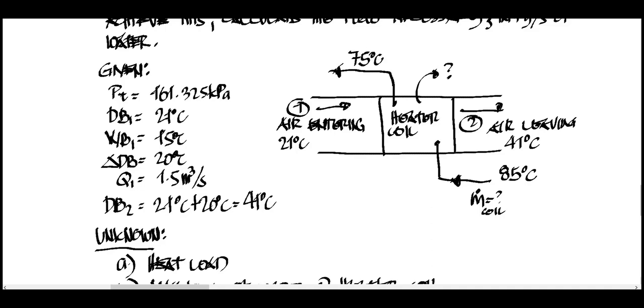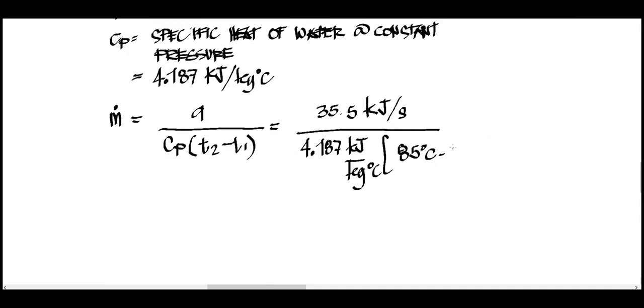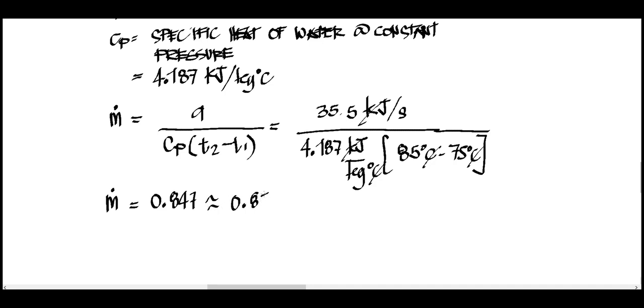Substituting the 75 degrees Celsius, the mass flow rate is equal to, cancelling out the common kilojoule, and using your calculator, you get a mass flow rate of 0.847, or let's say 0.85 kilogram per second.